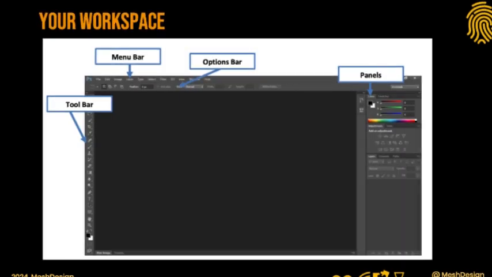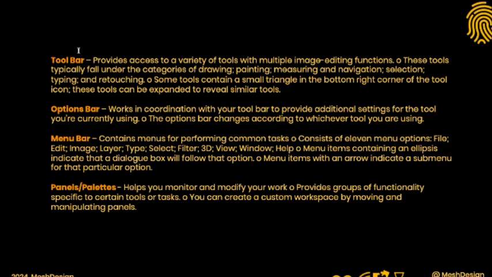So the toolbar provides access to a variety of tools with multiple image editing functions. These tools typically fall under the categories of drawing, painting, measuring, navigation, selection, typing, and retouching. Some tools contain a small triangle in the bottom right corner of the tool icon.